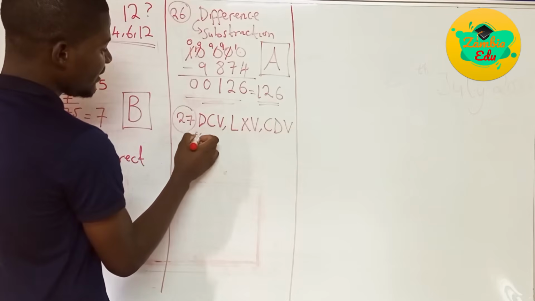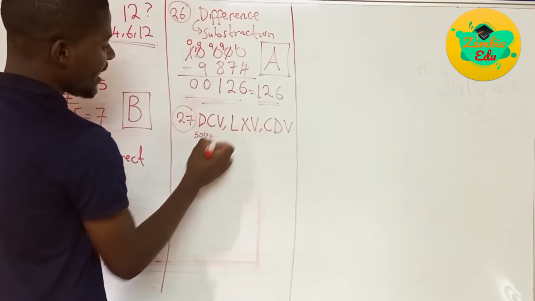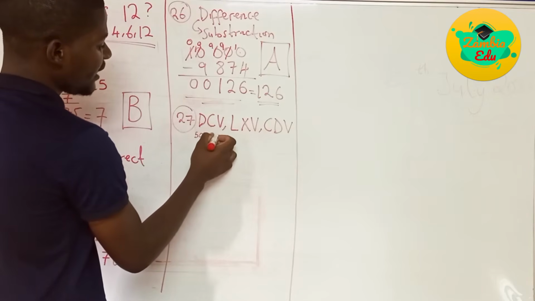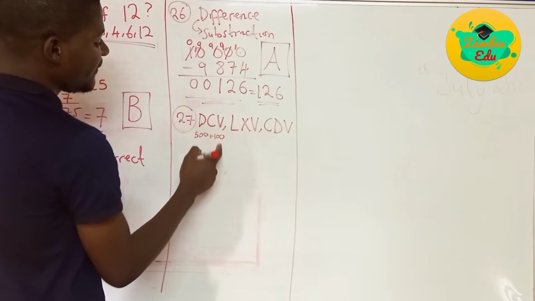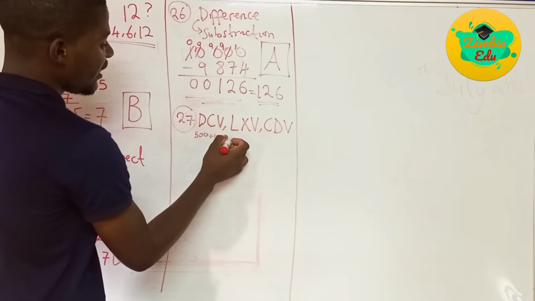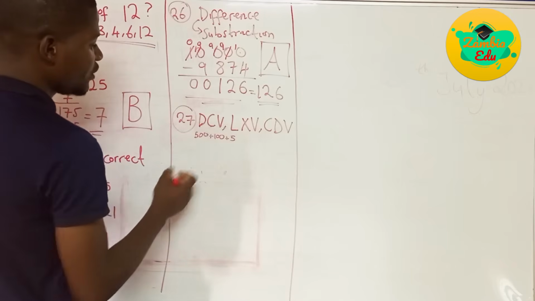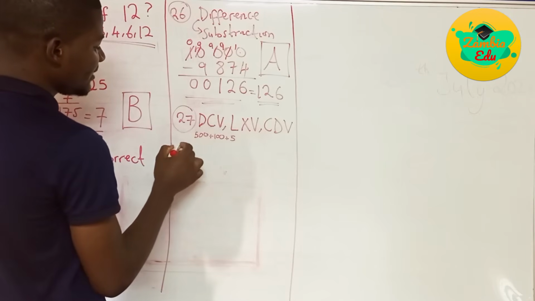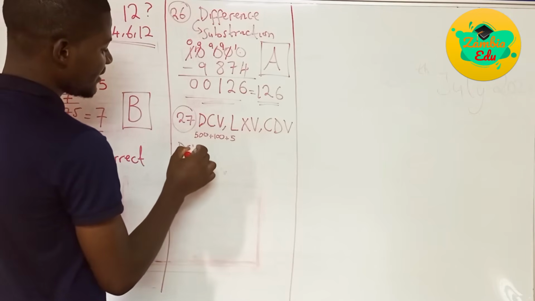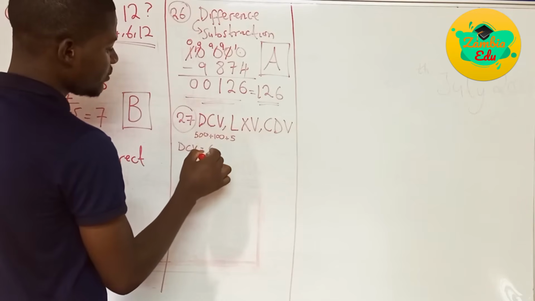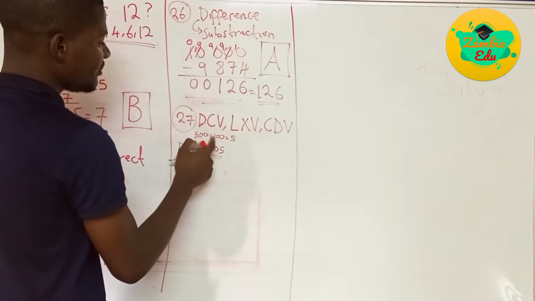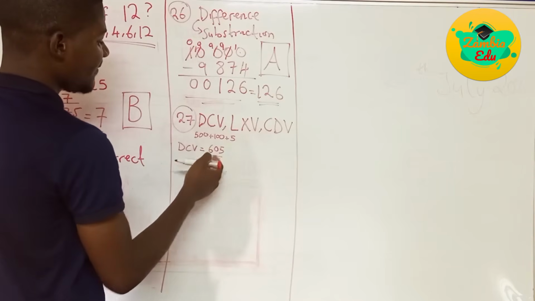D is 500 plus C being 100 plus V being 5. DCV is equal to 605. So 500 plus 100, 600, plus 5.